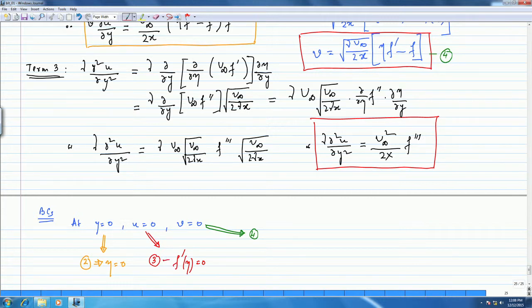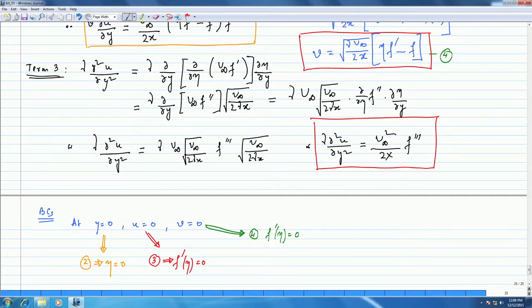From 3, what you come to know is this, and from 4, what you come to know is that at v equal to 0, y is also equal to 0, so eta is 0. So what you get from here is that f dash eta is also 0. So this is how you convert the boundary condition at y equal to 0.